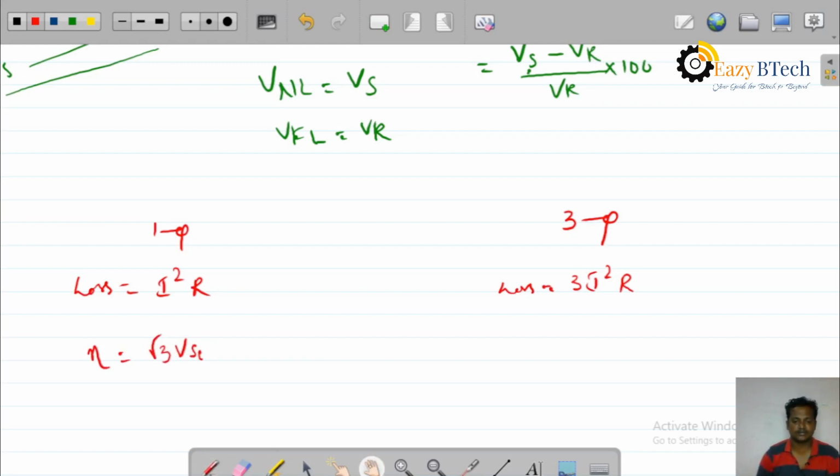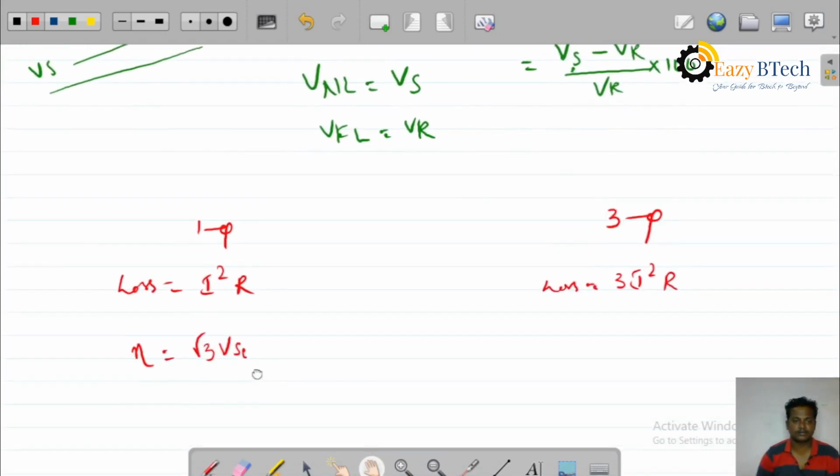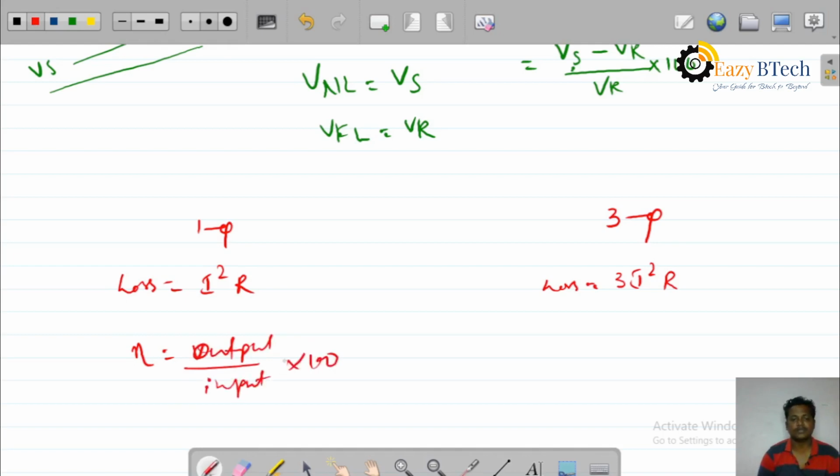In single phase, there is no root 3. For output in single phase is Vs, Is, cos phi s.